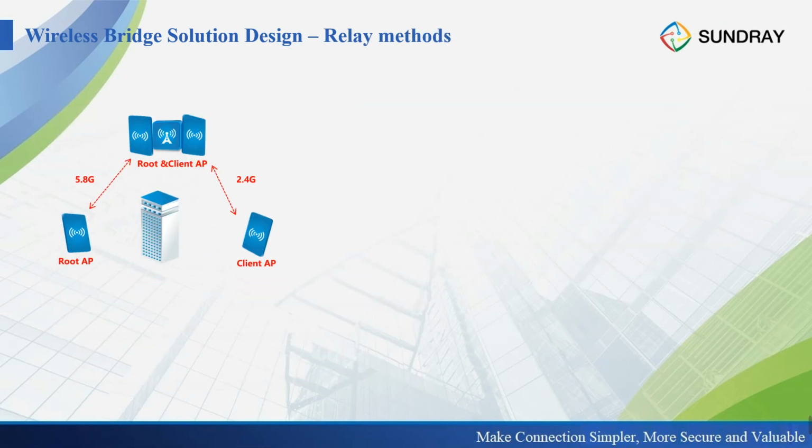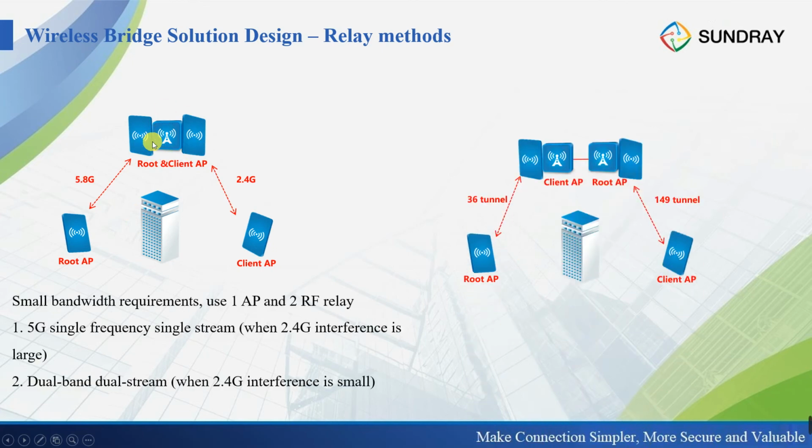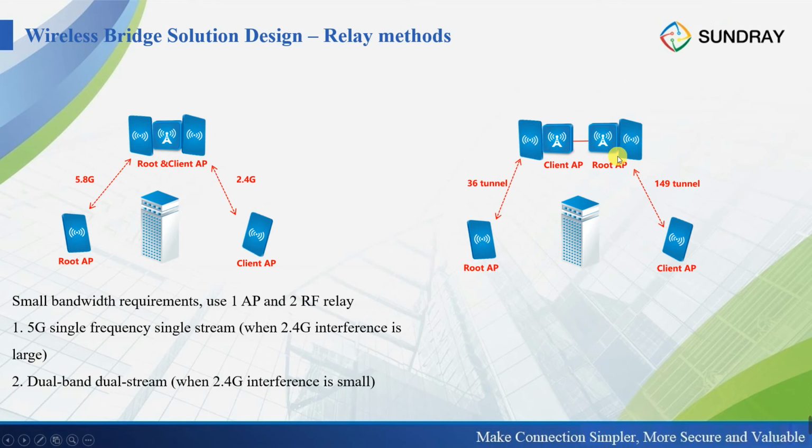For the relays, if the user's bandwidth requirement or throughput is not that high, you can use one AP as root and client at the same time for the relay. But if they have a higher throughput requirement, we need to use two APs, one client and one root.